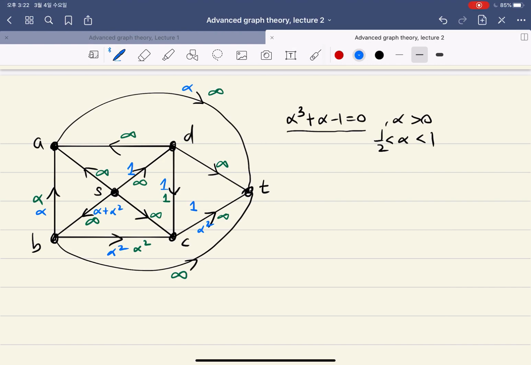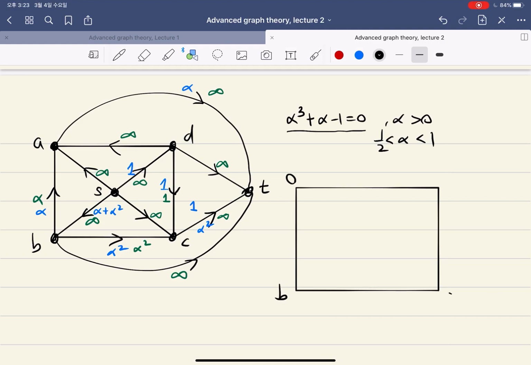So from now on, we can keep augmenting, and let's consider these 4 edges only.